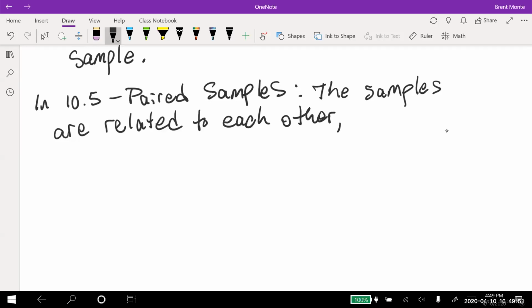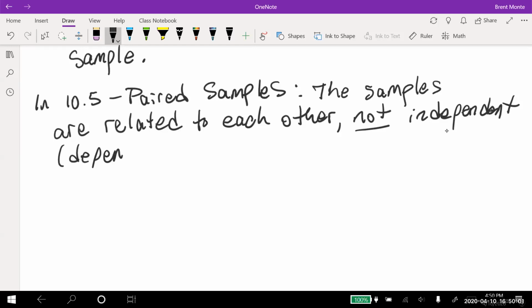In other words, not independent. They are dependent. In other words, the selection of one sample depends on what the selection of the other sample was.